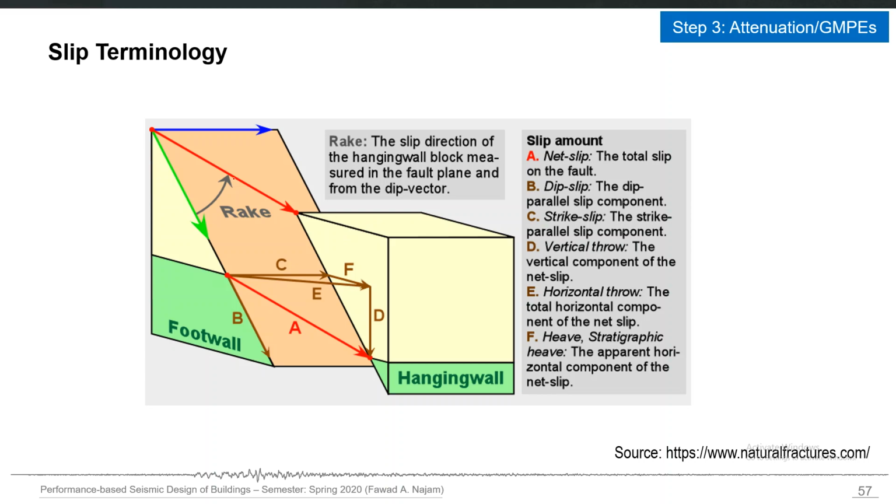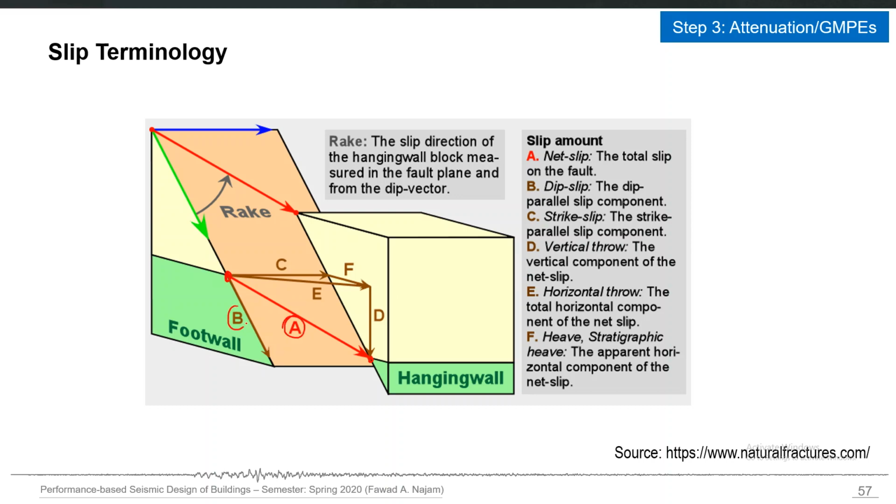For example, this distance A from here to here is the net slip, the total slip on the fault, because the fault can have a lateral slip as well as dip slip. So it will be a mix of two different kinds of slips. One can be lateral slip and the other kind can be just dip slip. So in this case A will be the net slip.